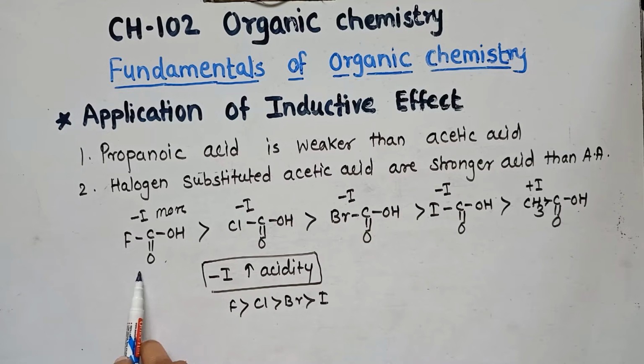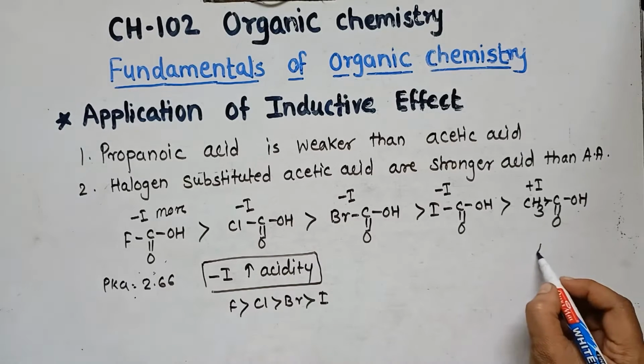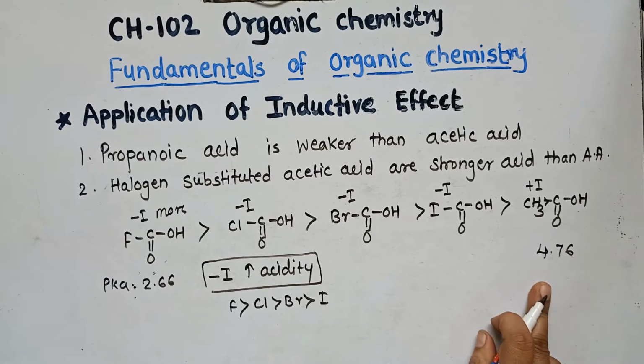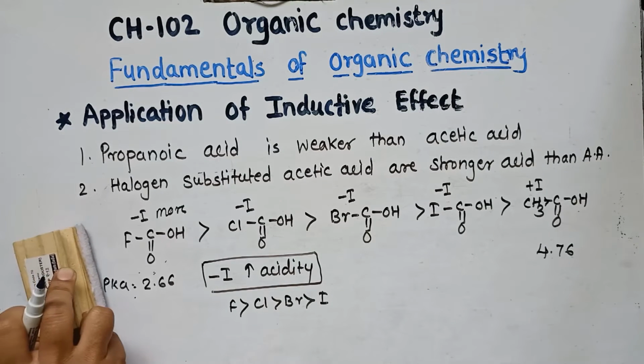Hence, this fluoroacetic acid is a stronger acid than the remaining ones. Here the pKa value is 2.66 and here the pKa value is 4.76. Smaller the pKa, stronger is the acid. Okay, it is clear. So this is the second application of this inductive effect. Then we see the third application.